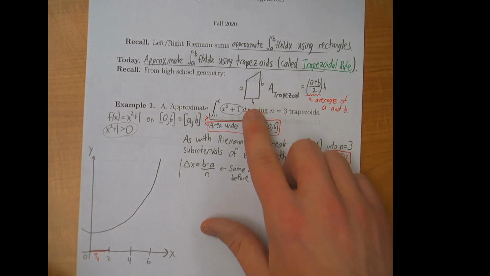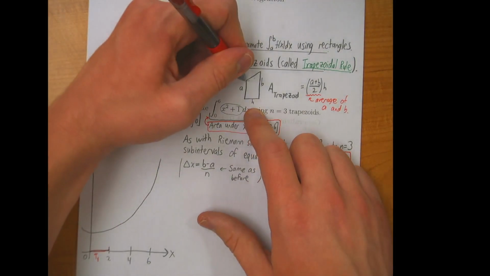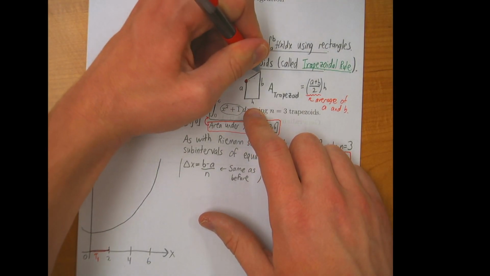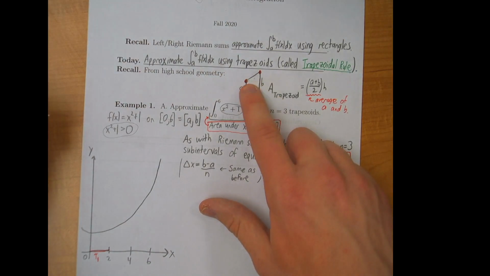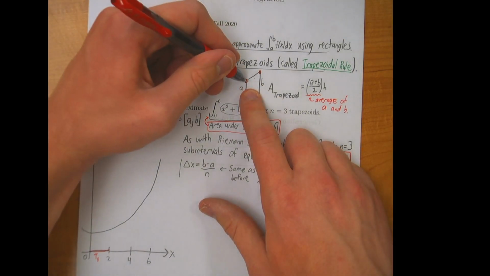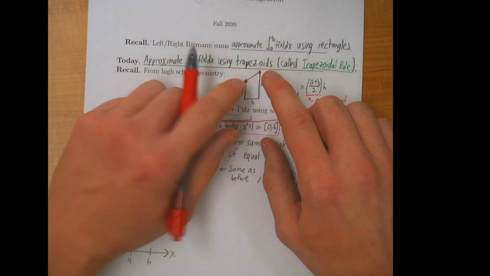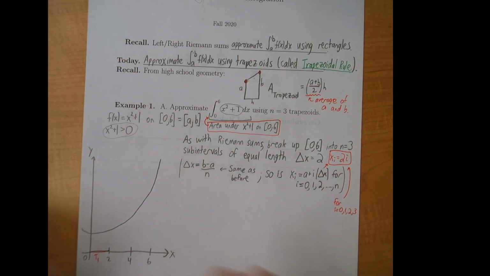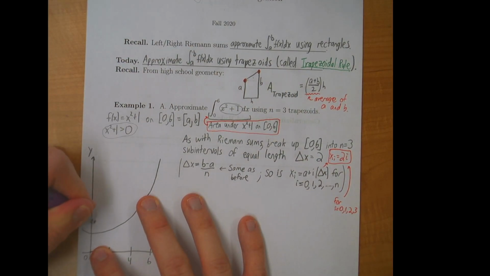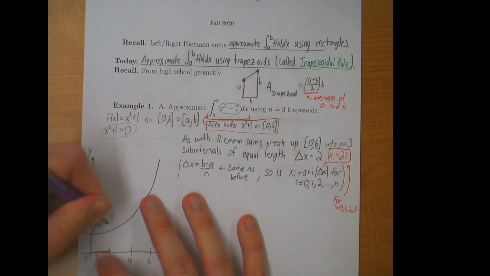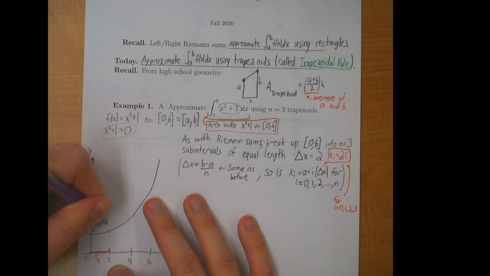But now the vertices here and here are going to depend on the function values at the left and right endpoints respectively. So this is f of 0, and this is f of 2.